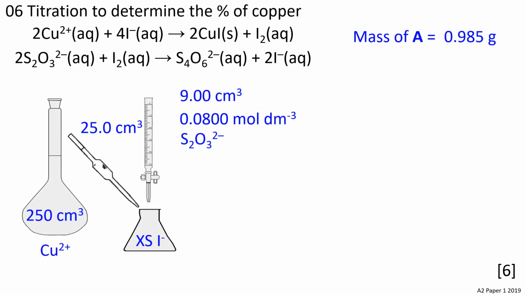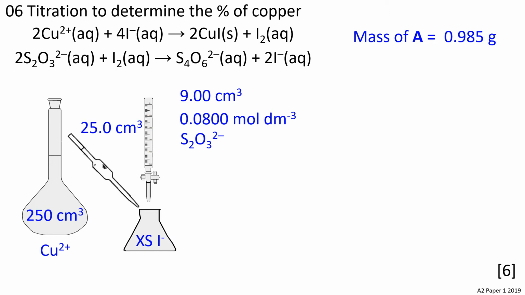Okay, so here is my diagrammatical representation of this analysis. At the top right, we can see that I've converted the mass of the alloy, which I've called A, into grams by dividing by 1,000. The nitric acid is used to convert that into copper 2+ ions.